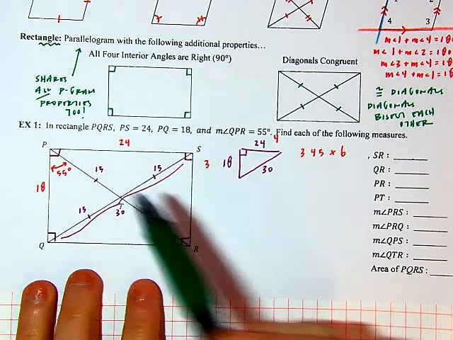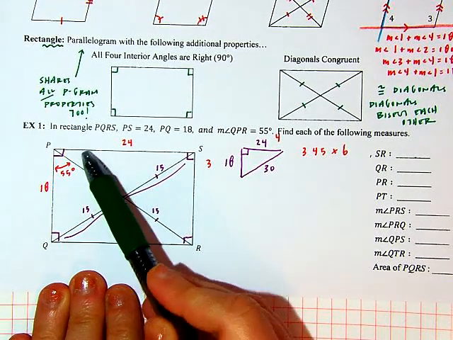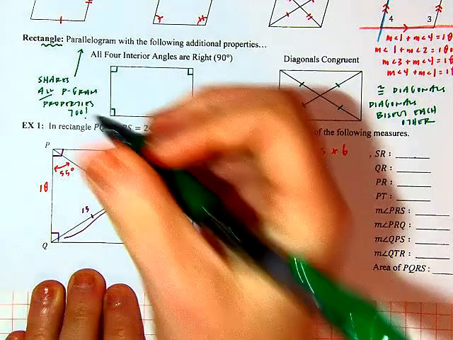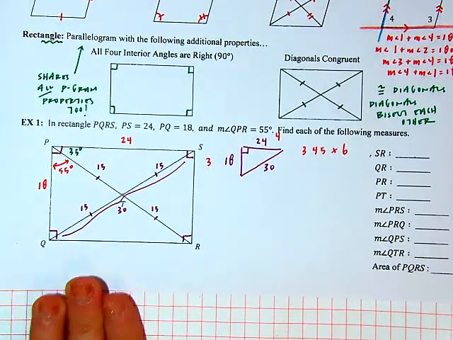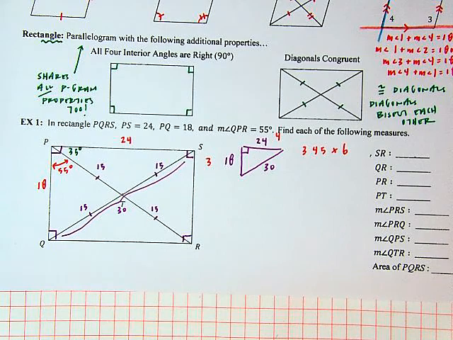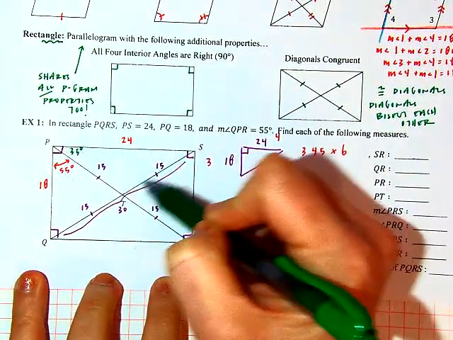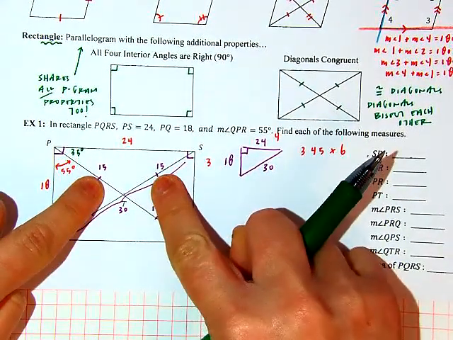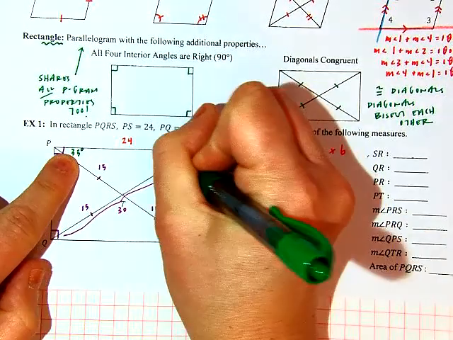So if I'm told that this is 55, its complement, right, together they add to 90, its complement has to be 35. Okay, and as I work my way around, remember these are isosceles triangles. So if I look at this one right here up on top, the two legs are 15. So that means that the two base angles would be 35.